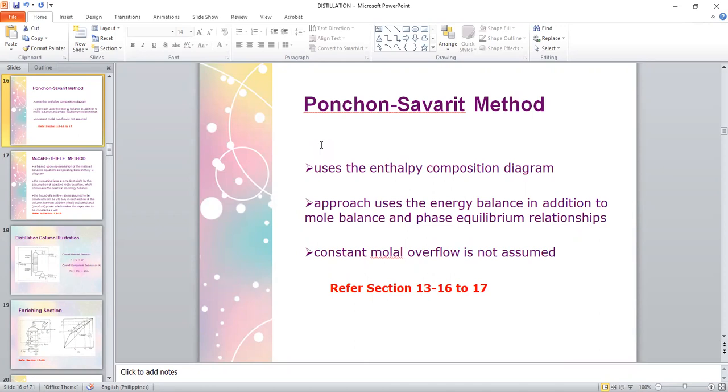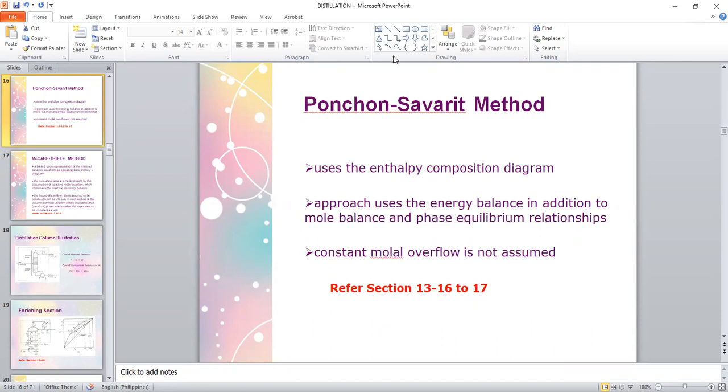But of the two, the Ponchon-Savaret method is more accurate than the McCabe-Thiele method. You can refer to more info on the concept of the Ponchon-Savaret method in Section 13, pages 16 to 17 of your handbook. Okay.